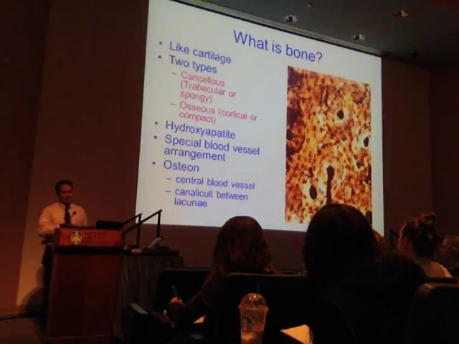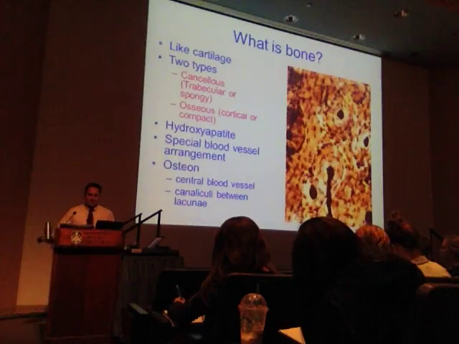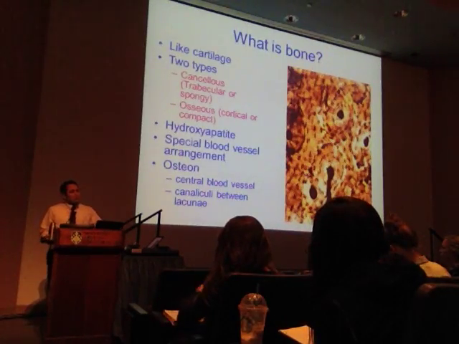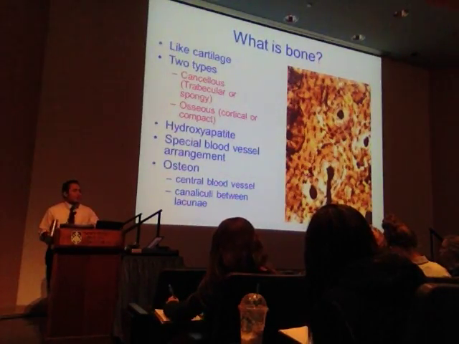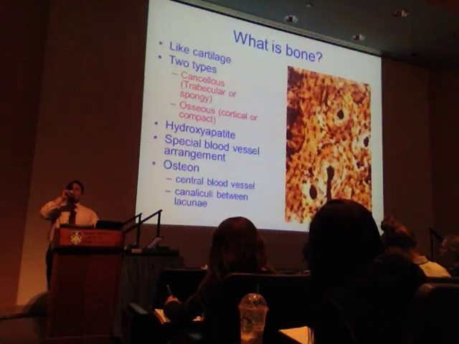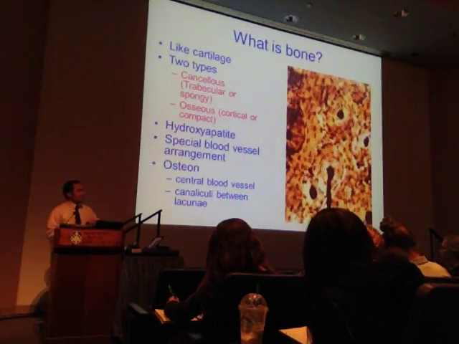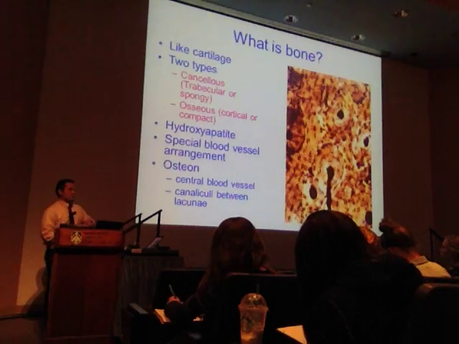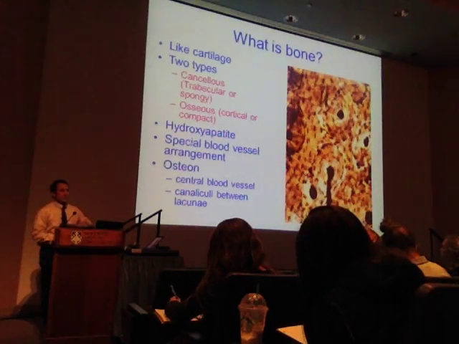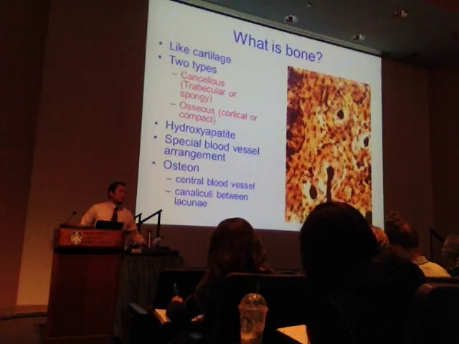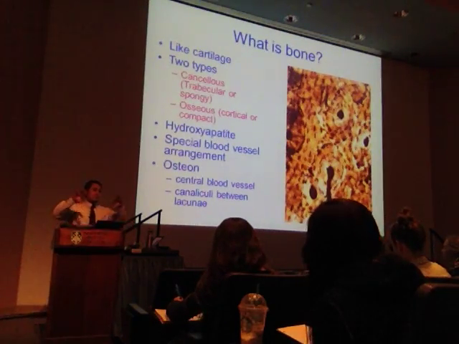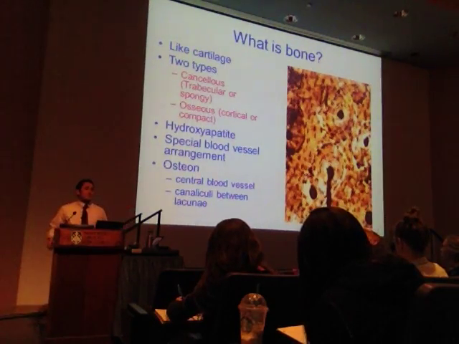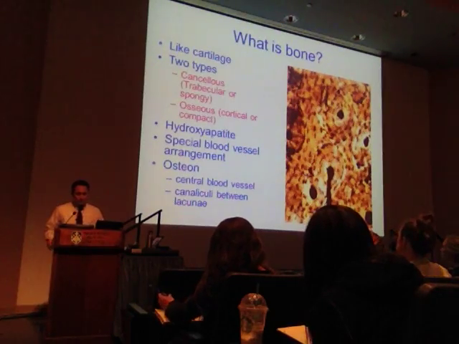Okay? So cancellous bone. Cancellous bone or trabeculated bone, or what we call spongy bone. Three different names for the same type of bone. So depending upon which version of the textbook and which possibly even publisher you bought, you may see any one of these three terms referring to the same type of bone.